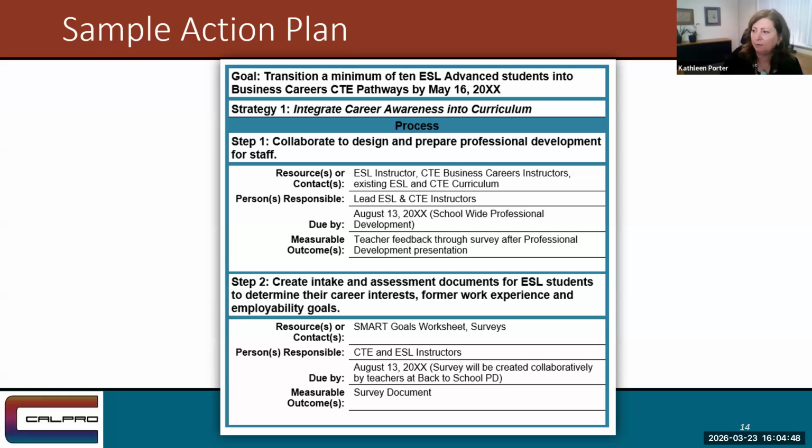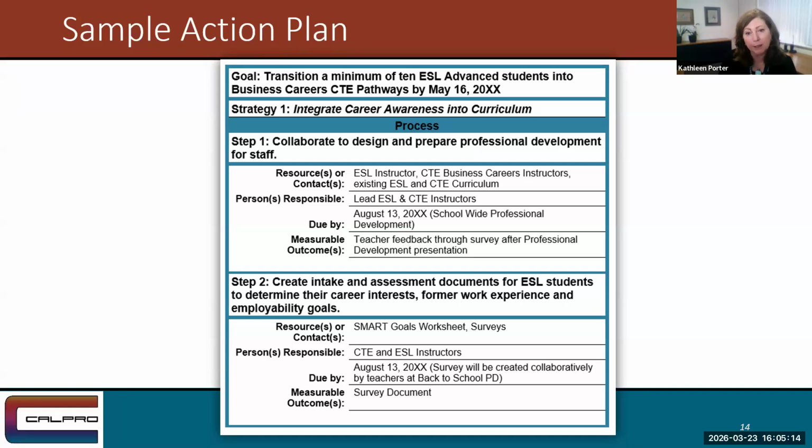And then the professional development for staff, it's not really clear what it is going to do. So what kind of professional development? Is it that we're integrating portions of the business curriculum?